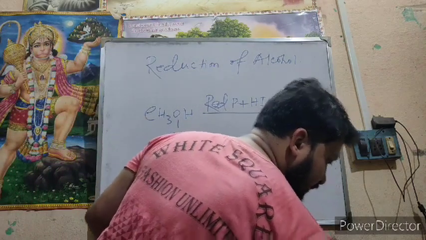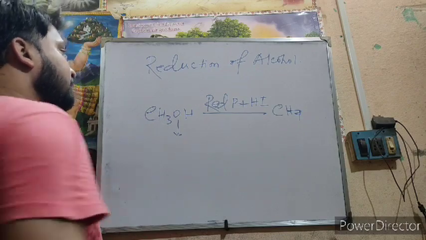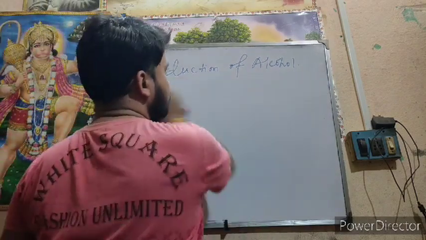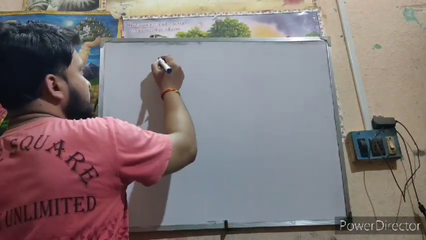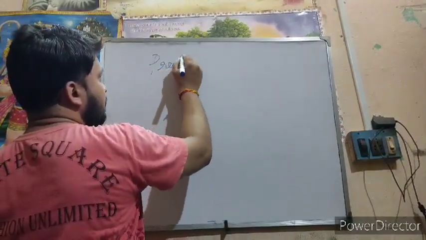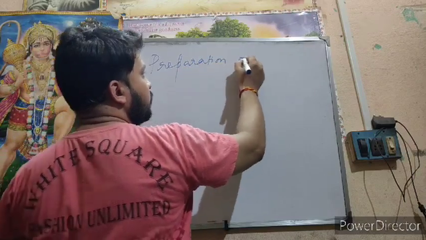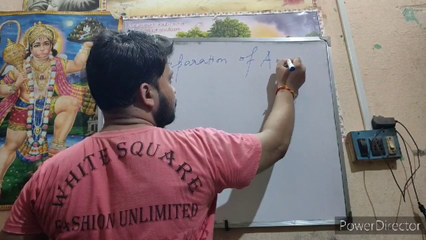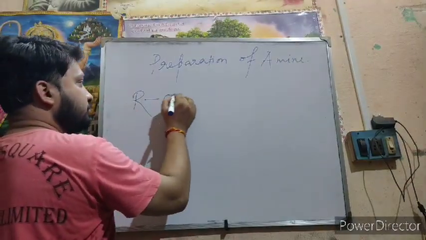Okay. And the last one, preparation of amine. The last chemical property is preparation of amine. Then you take ROH.